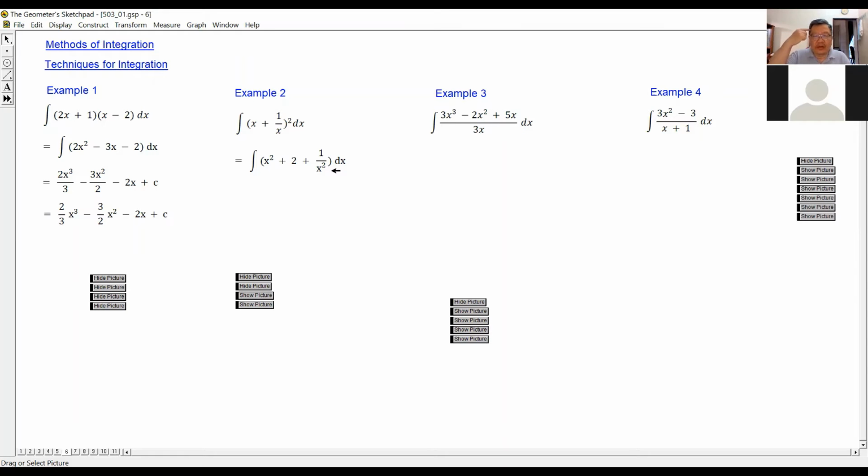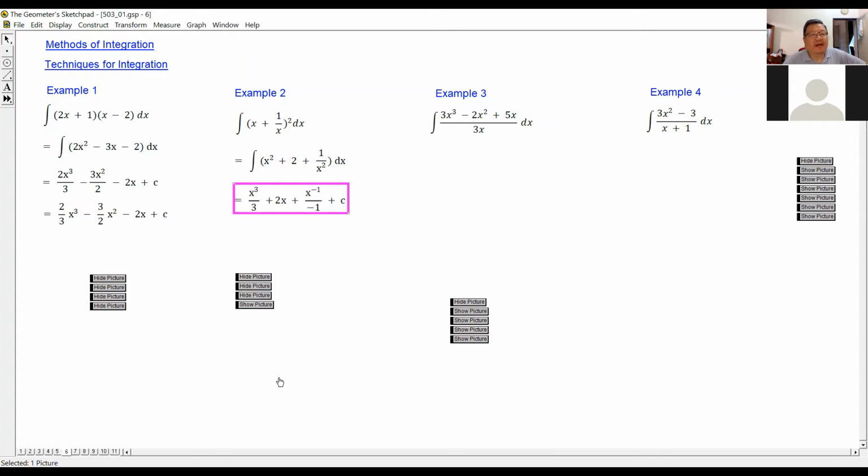You use your imagination, right? x to the power of -2. -2 plus 1. How much is -2 plus 1? -1. Correct. So it will become x to the power of -1 divided by -1.